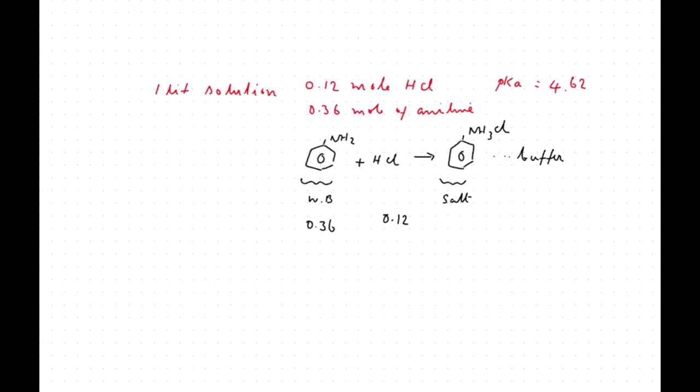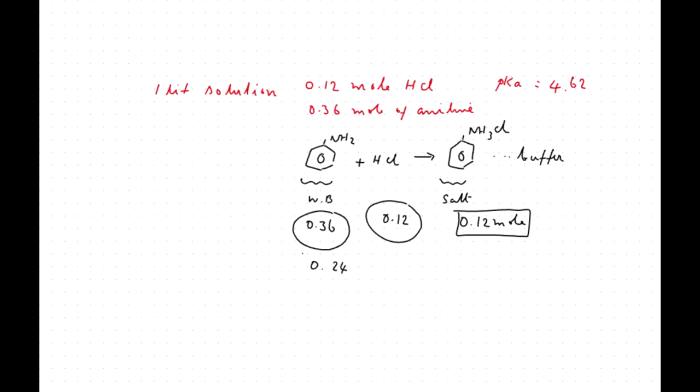So 0.36 mole of aniline reacts with 0.12 mole of HCl; this is actually the limiting factor and this is the excess. So the salt that is formed will be 0.12 mole and the number of moles of unreacted aniline in excess will be 0.24.